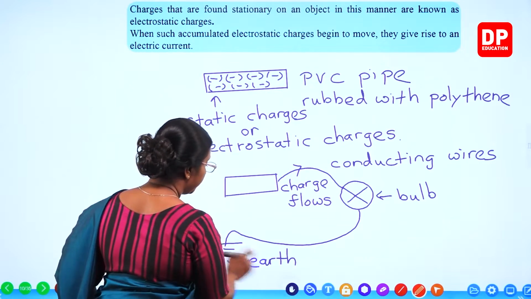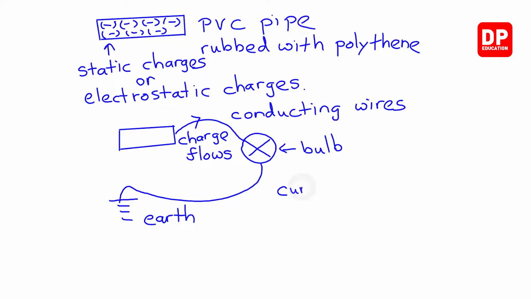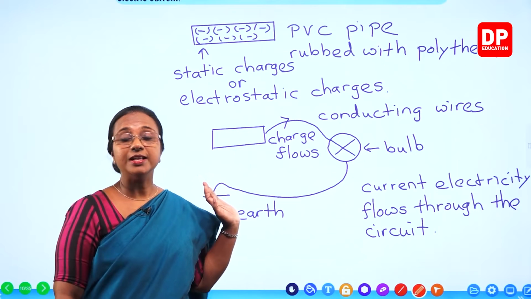So here, of course, it becomes current electricity that flows through the circuit or the path. So that is what happens.